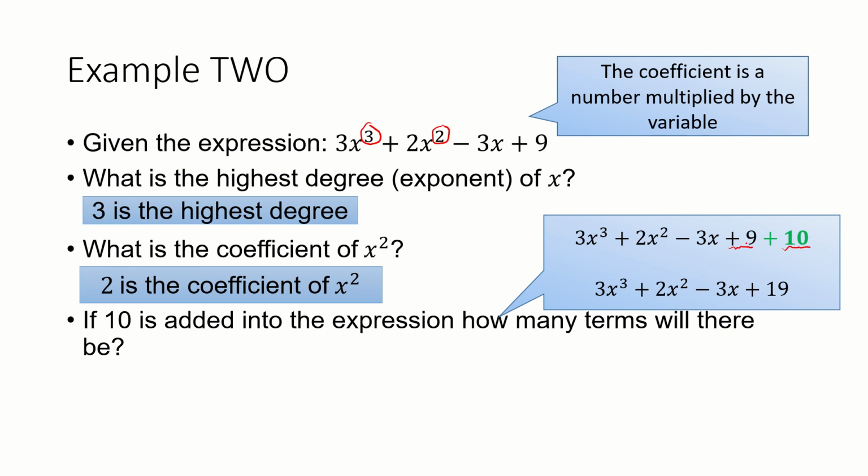So I added 8, 9, and 10. And when you add 9 and 10, it'll give you 19. Now let's count. How many terms do I now have? It is 1, 2, and 3. The last one will be 4. So I've been given 4 terms.